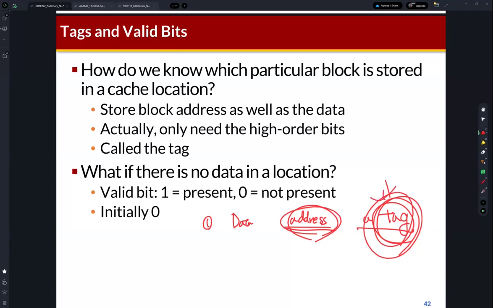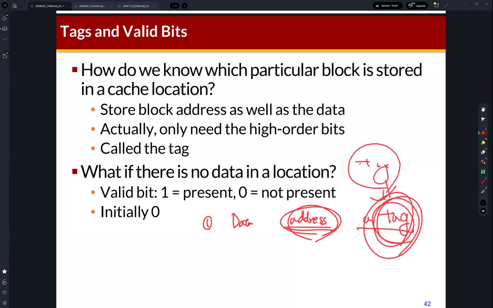Because we need to identify the data address, right? But we don't need to store the entire address, so part of the address is stored, and this part of the address is called a tag.